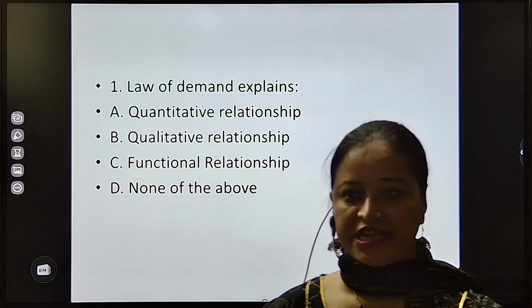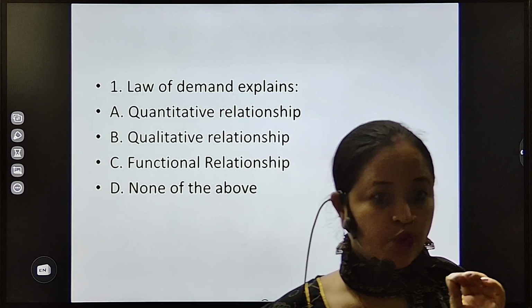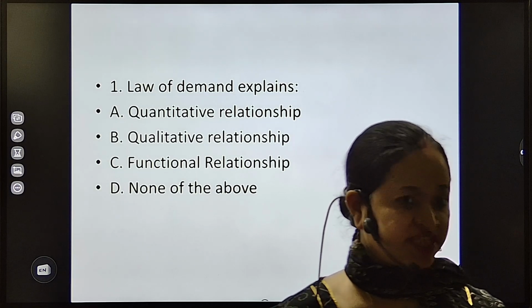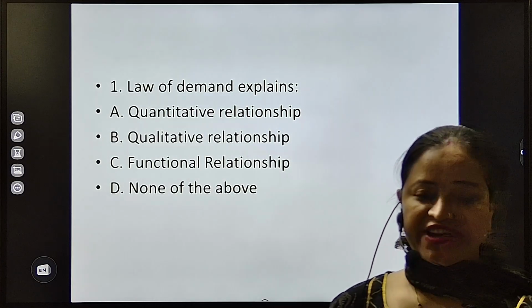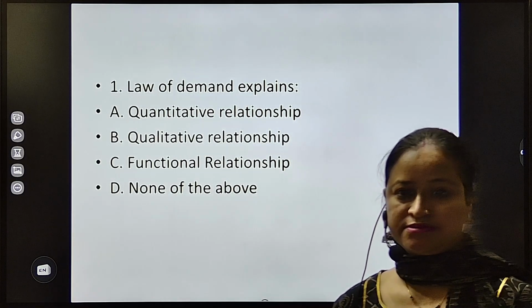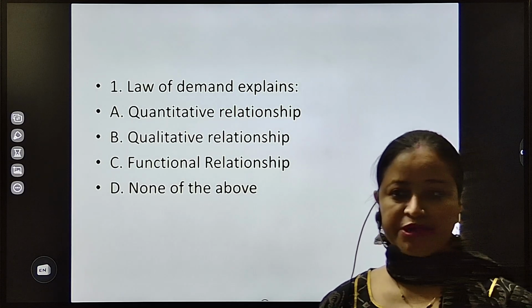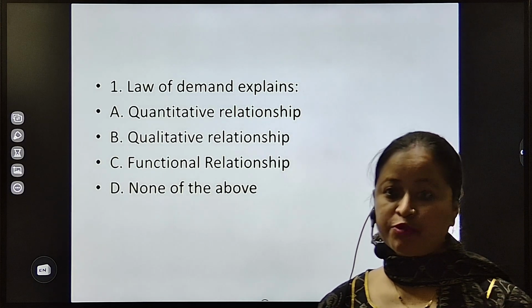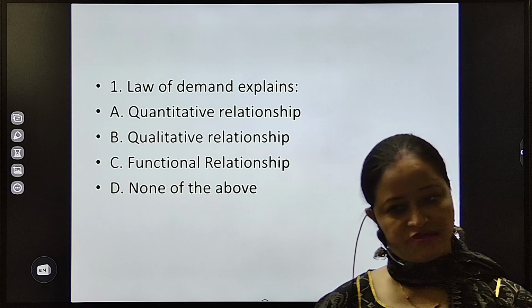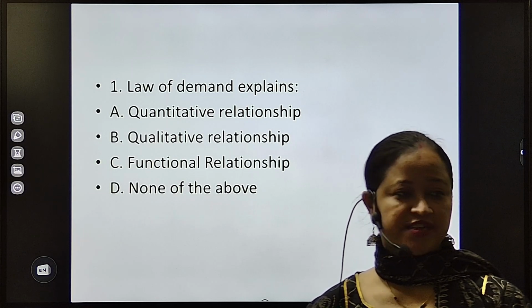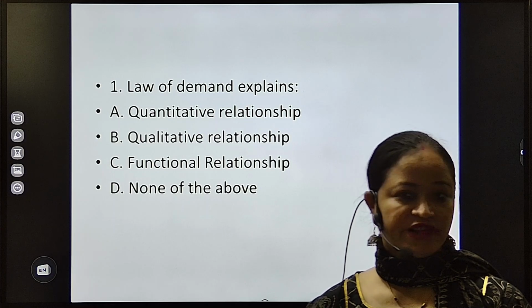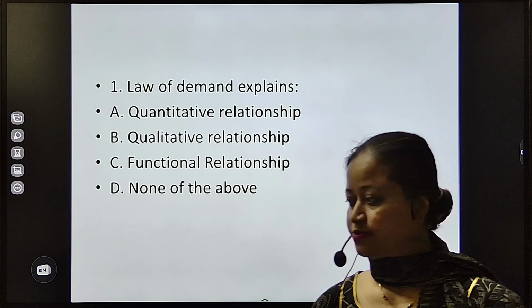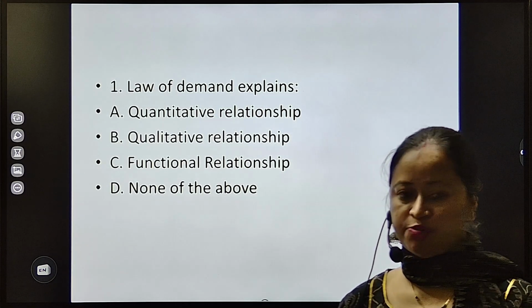Factors affecting demand for a product. One is price, the own price of the product. Another is the price of related goods. Then what will be the next factor? Yes, income of people. When income of people increases, the demand for the product also increases. One more factor, availability of product.